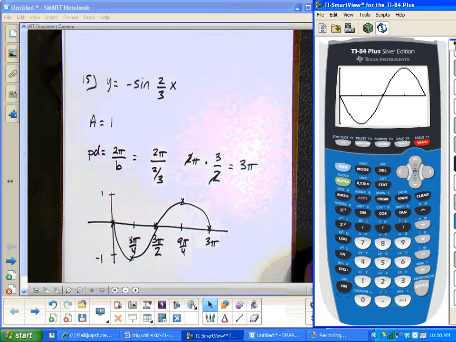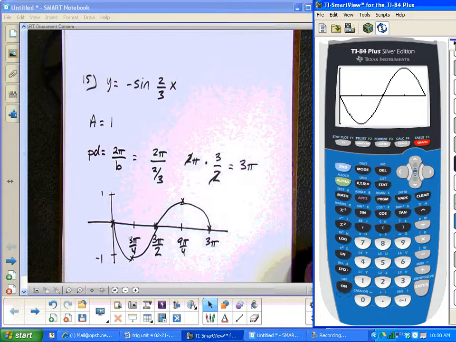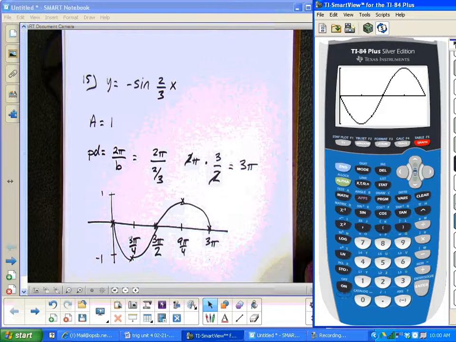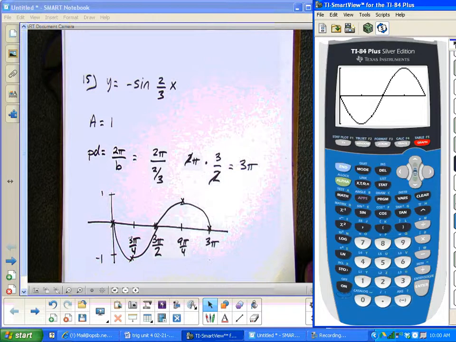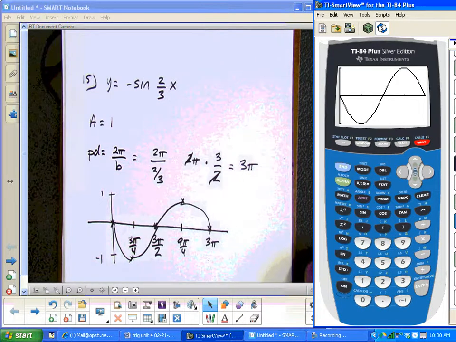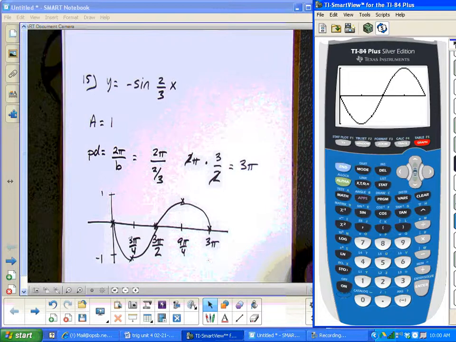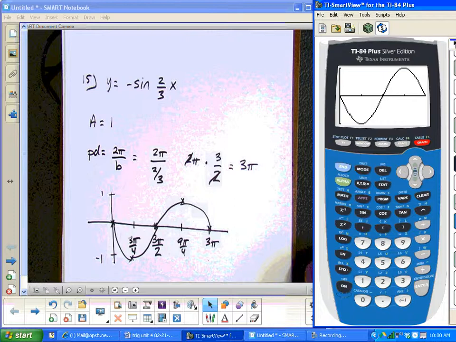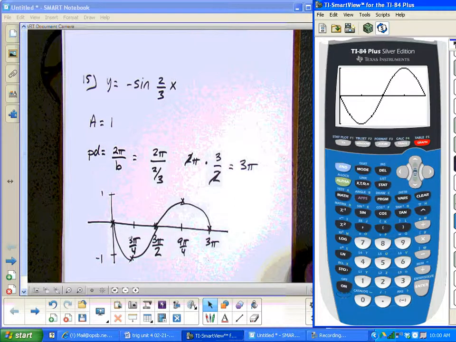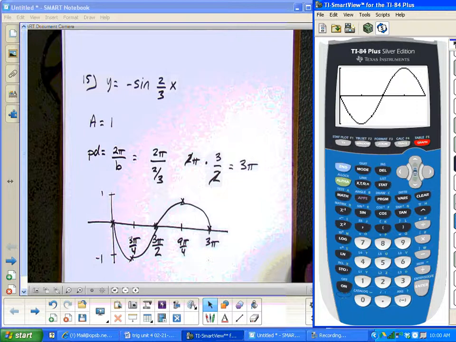It'd be 1 pi, 2 pi, 3 pi, 4 pi. After that's 3 halves. So 3 halves, 6 halves, 9 halves.